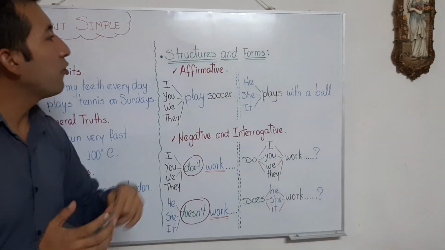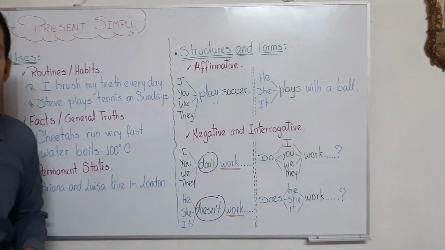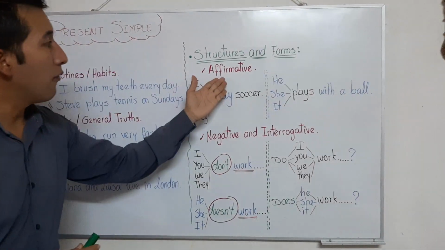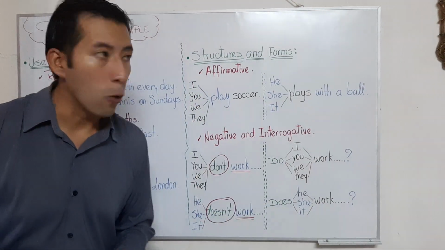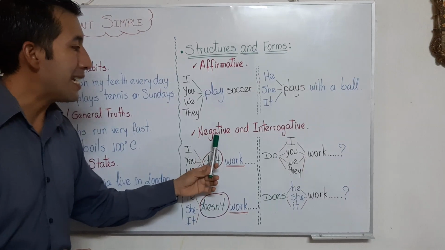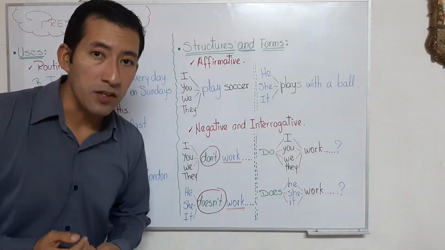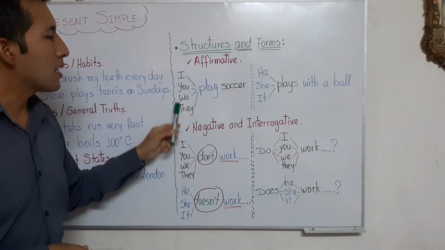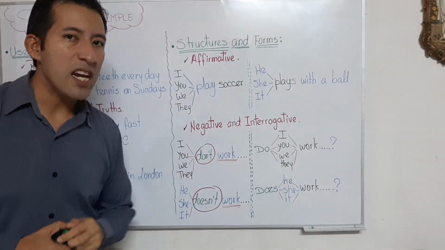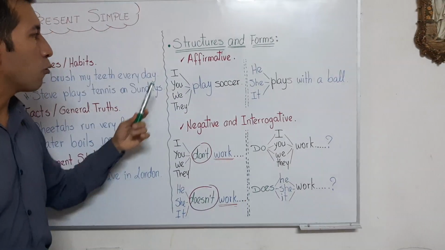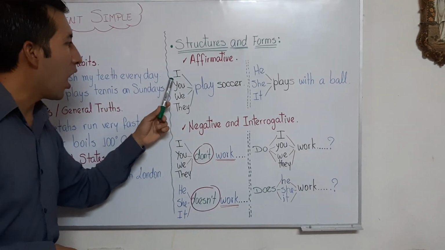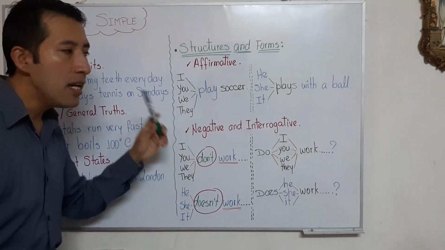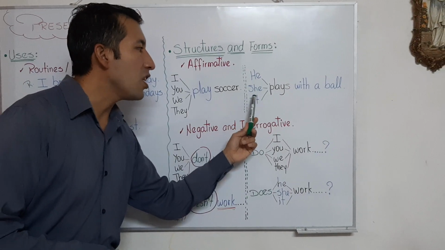Secondly, we're going to see structures and forms. We have three different forms, as you know: affirmative, negative, and interrogative. So I divided the subject pronouns in two main groups: the group of I, you, we, they, and the group of he, she, it.